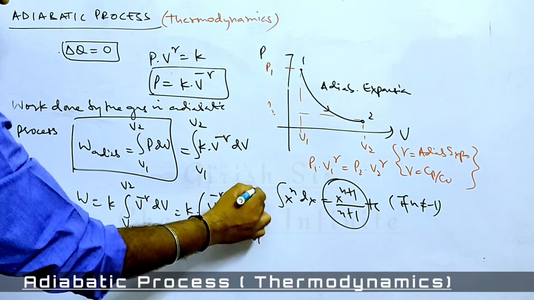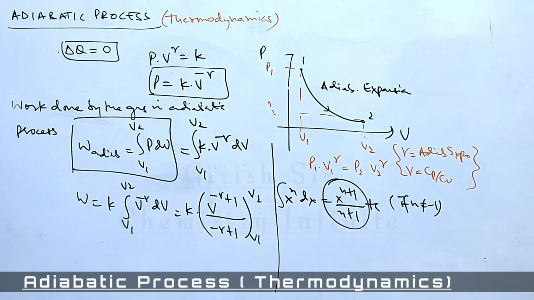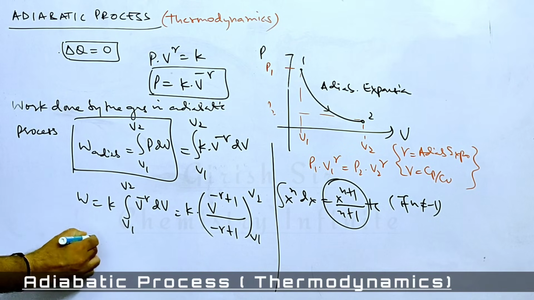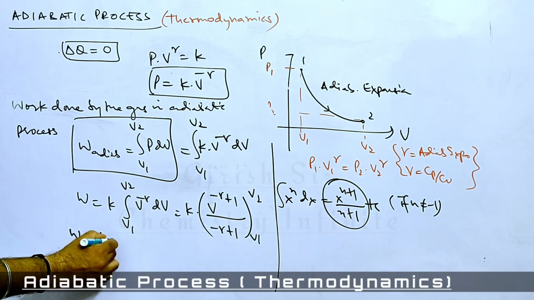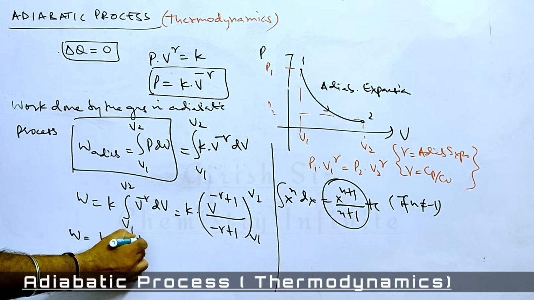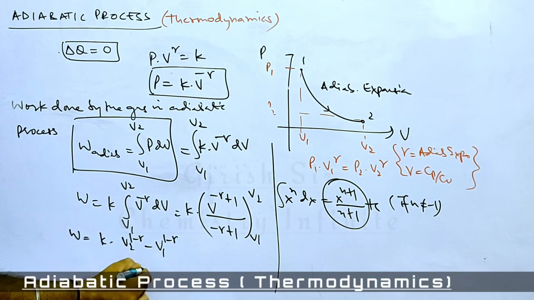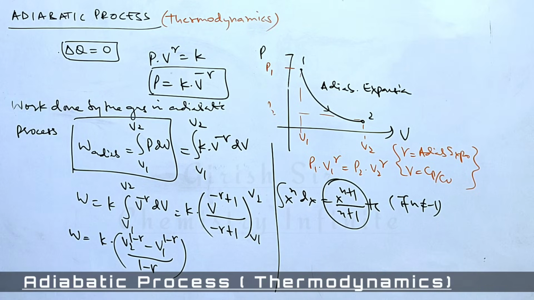And then we put in the limits V1 to V2. Okay. So we'll be getting K into V2 to the power 1 minus gamma minus V1 to the power 1 minus gamma, divided by 1 minus gamma. This is what we get.